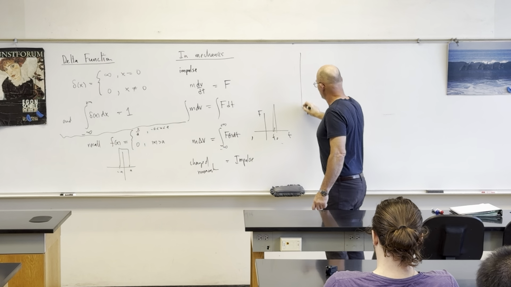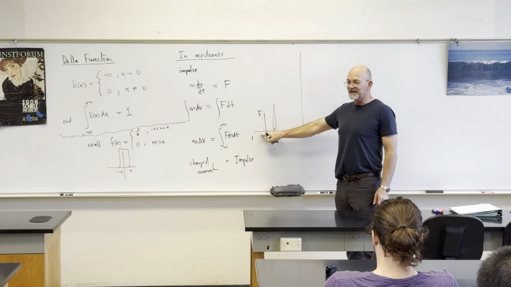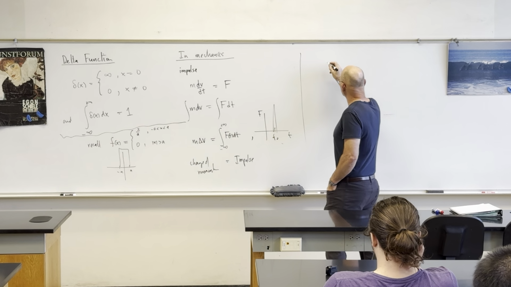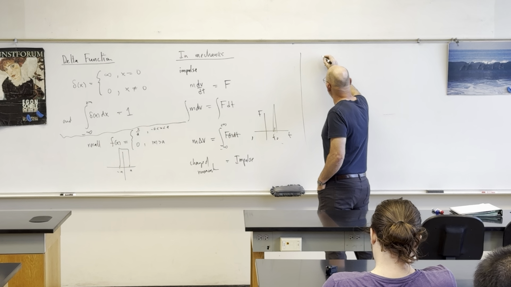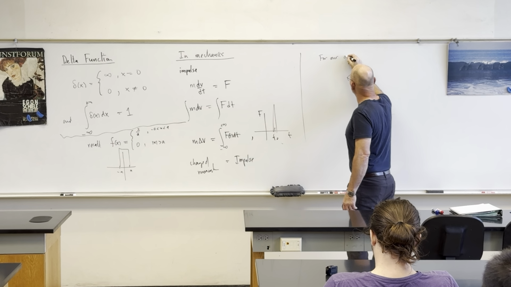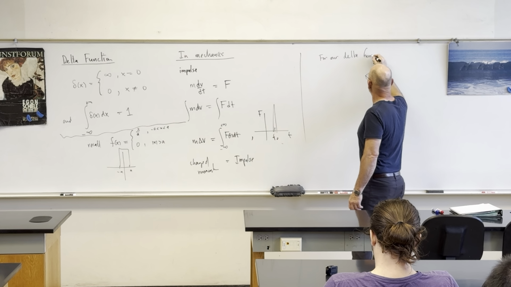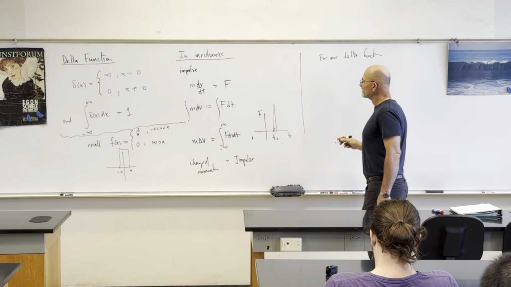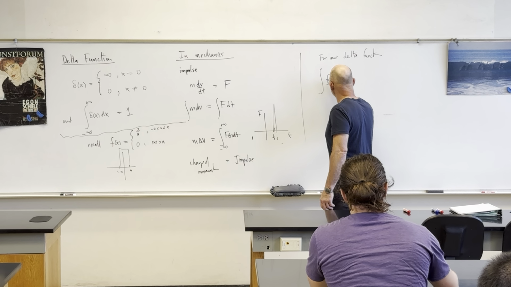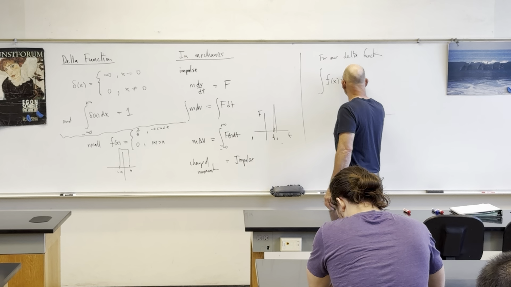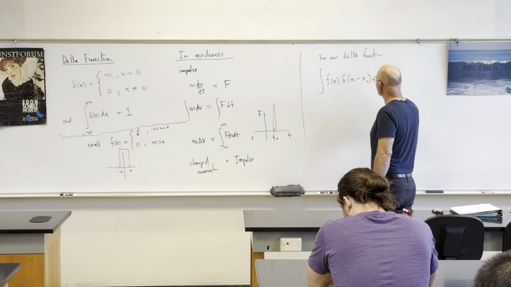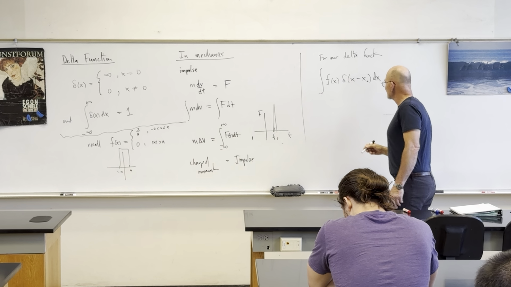Good. So you see how I really waited for the time it took for me to release something for it to hit the ground at t0. So we can generalize this delta function here. For our delta function, we have the integral of f of x delta of x minus x0 dx.